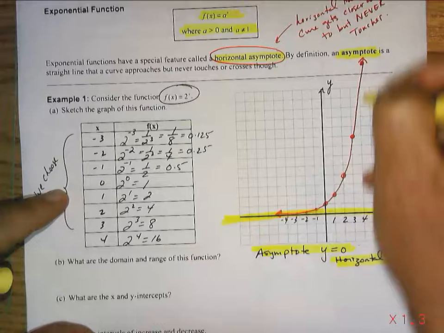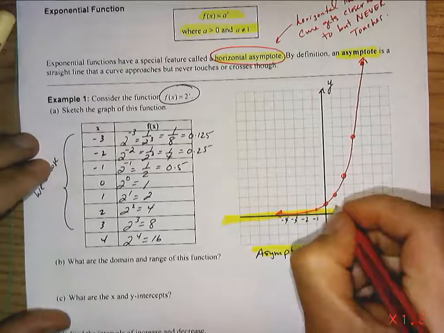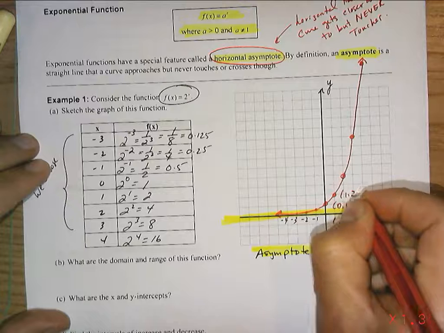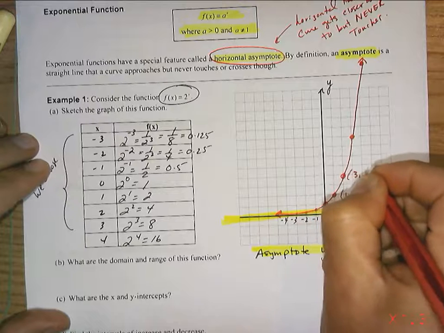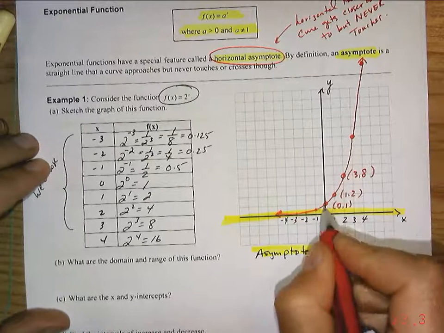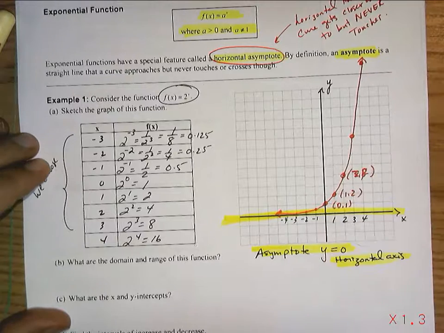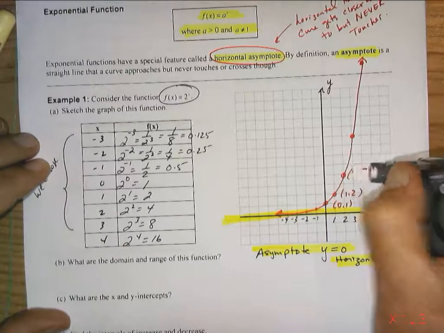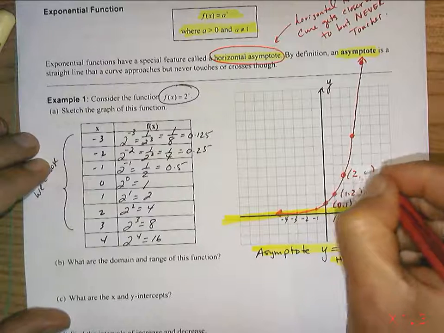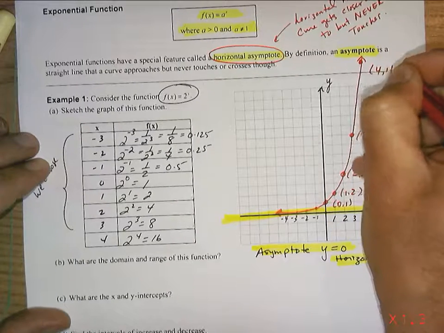And this is the curve. That's the exponential curve in each of these points. So 0, 1, 1, 2, 3, 8. I think I've missed something here. Oh yeah, that's 2, 4. 2, 4, 3, 8, 4, 16.